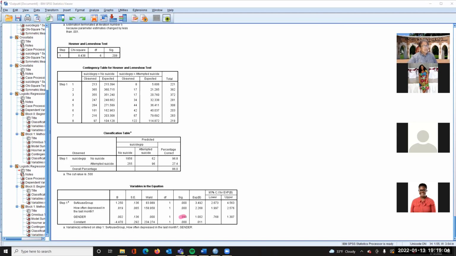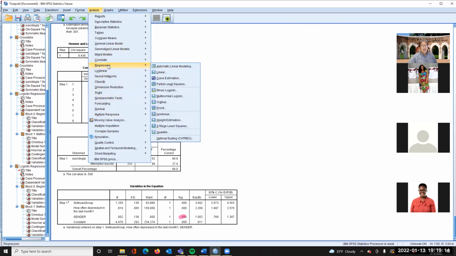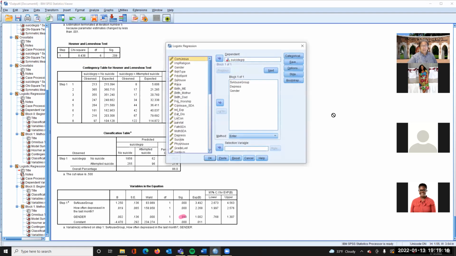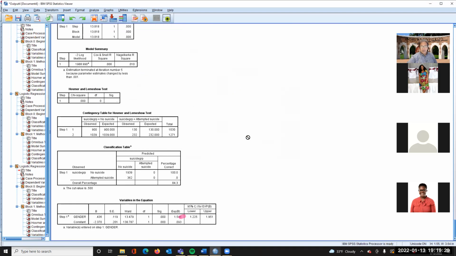But let's look at this. What if we only use gender as a predictor? So if we had done this, and just take out this and just do gender, would gender predict suicide attempts? So you look at that and it does.